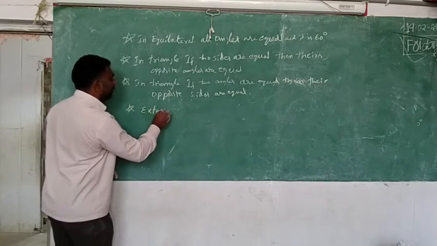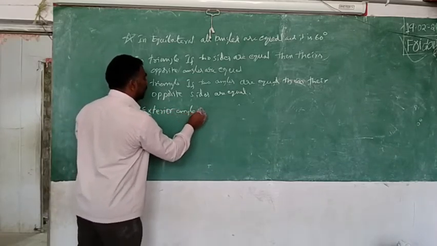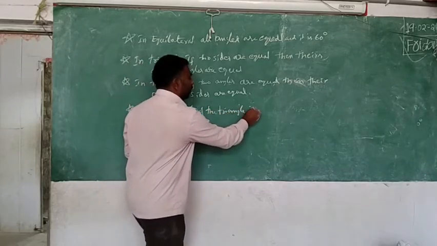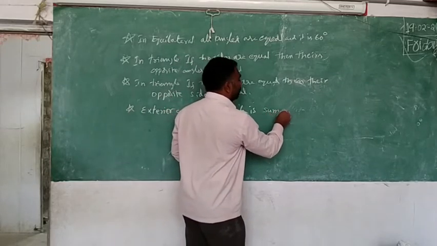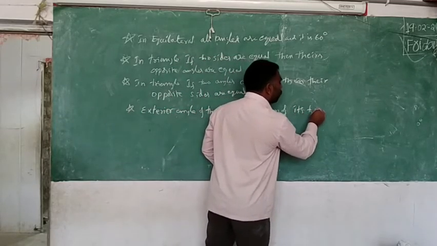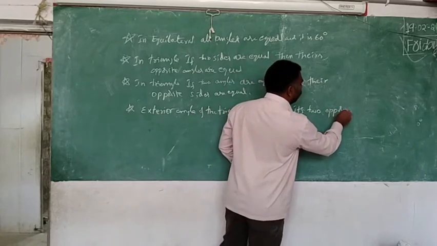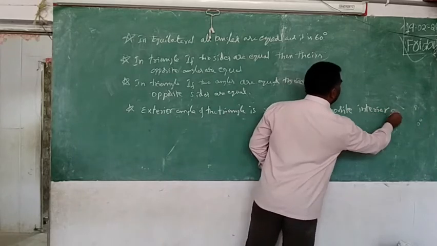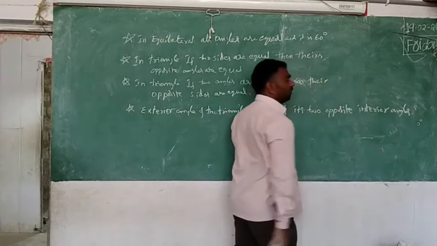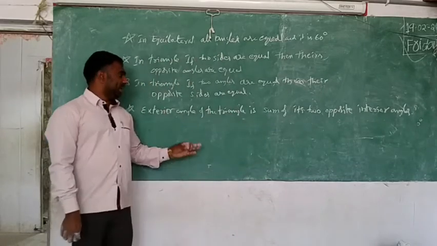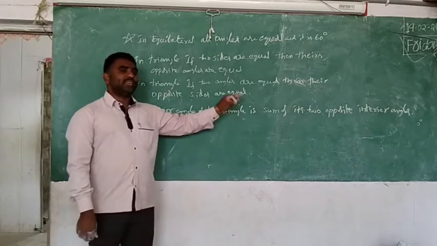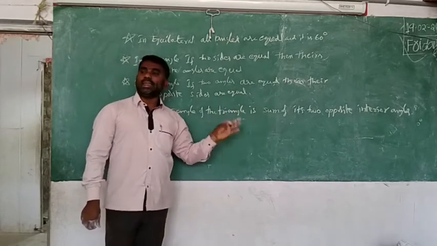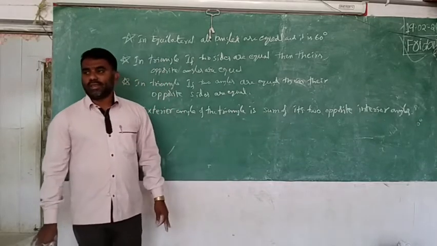Exterior angle of the triangle is the sum of its two opposite interior angles. By adding that you can easily find it.